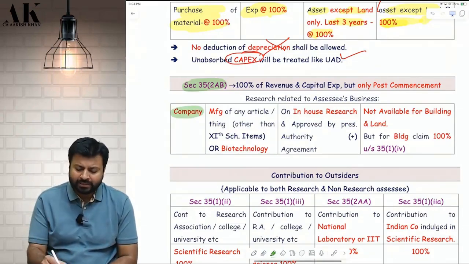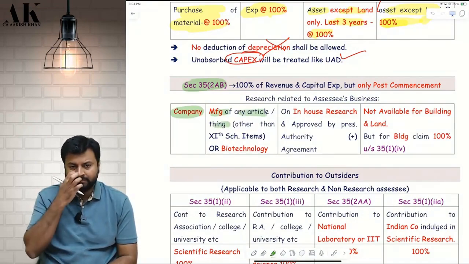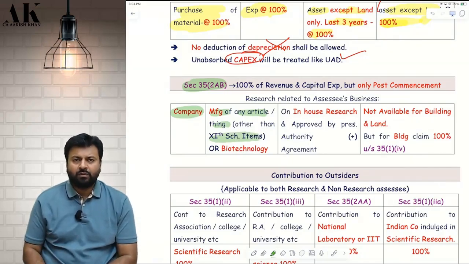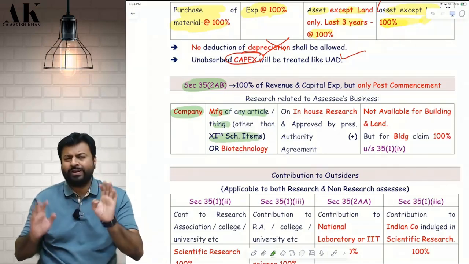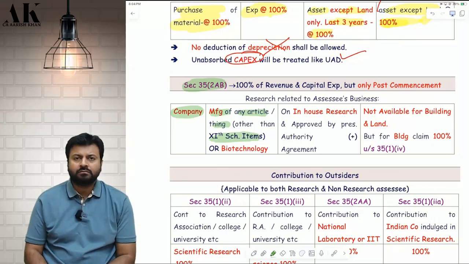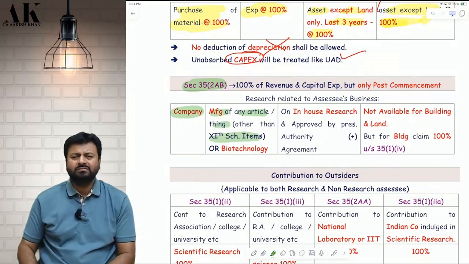What should the company do? The company should be engaged in manufacturing of any article or thing other than Eleventh Schedule items. What is the Eleventh Schedule? In the Eleventh Schedule, there are 29 items mentioned by the government, like alcohol, tobacco, cinematographic camera, cosmetic products.